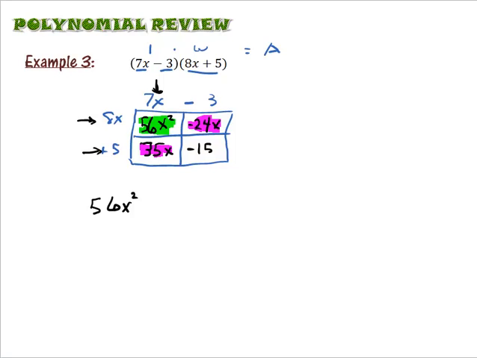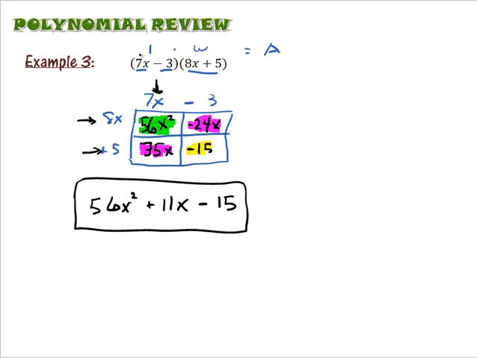Negative 24 plus 35 would be positive 11x. And then my last part is I have minus 15. Nothing to go with that, so I'm just going to put my minus 15. And there is the area generated by the factors, or multiplying 7x minus 3 times 8x plus 5.